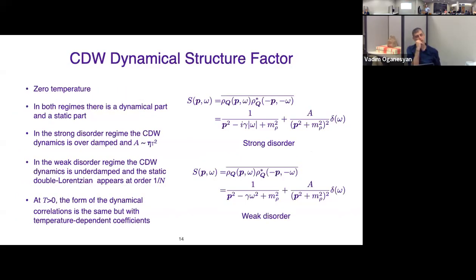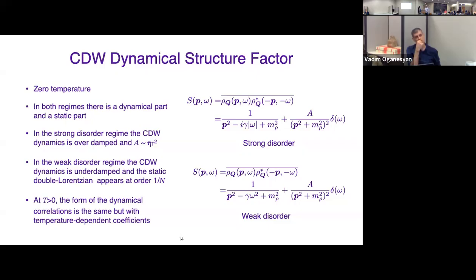So you can calculate the dynamical structure factor and also P omega, which are computed in the large-N limit, and you get a structure that looks roughly like this. Again, you still get the double Lorentzian, but that's only in the static limit. It's a delta function of the frequency, which of course is natural because that's the main contribution coming from the infinite-range interactions.